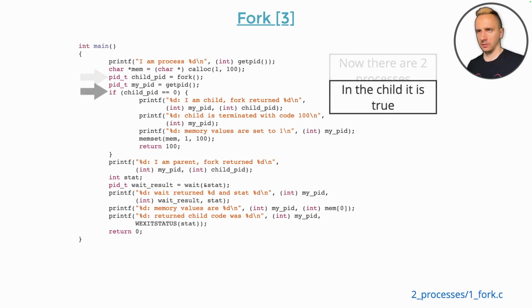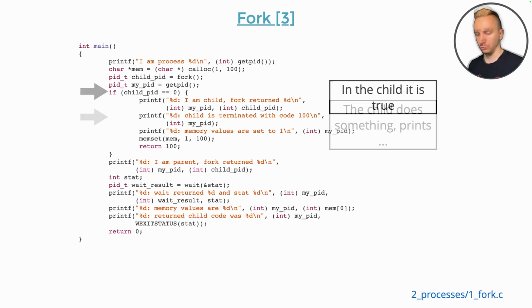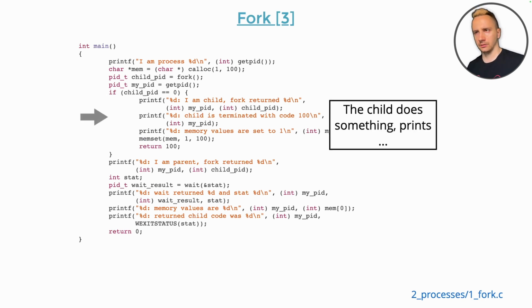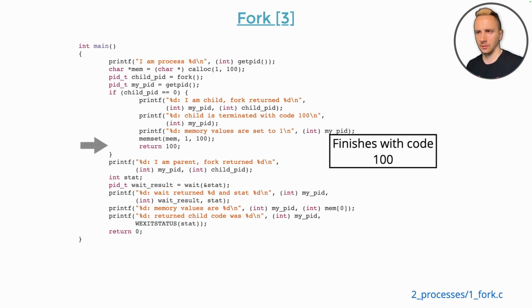In the child process it will return 0. It means if this condition is true, it was checked in the child process, and based on that you can do something like execute child specific code. In this case it's not very complicated, we just print something and return the code 100.